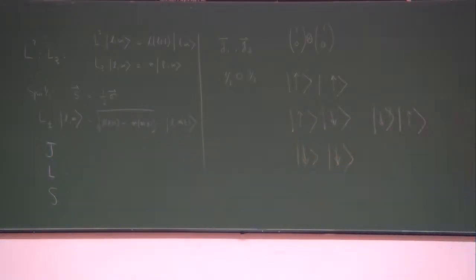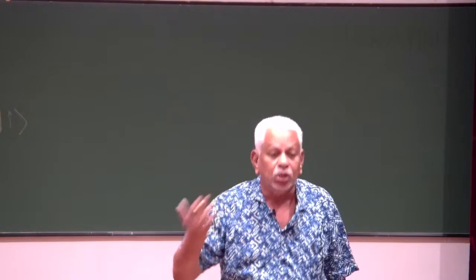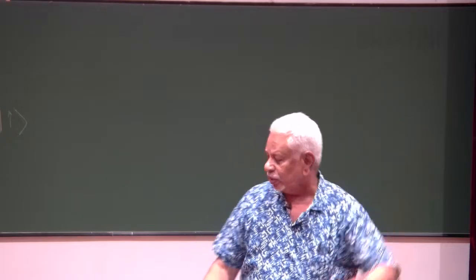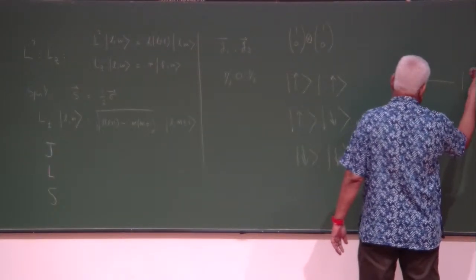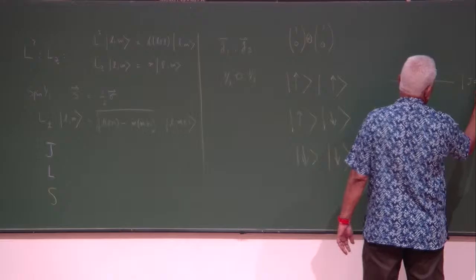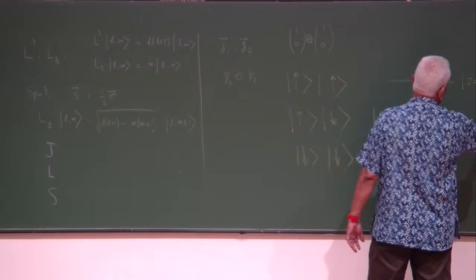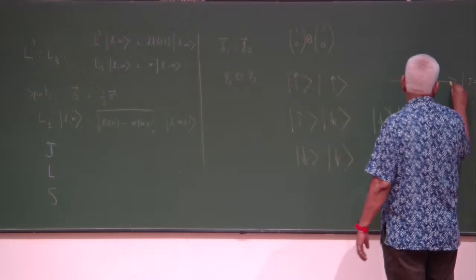But the spin 1 particle should have magnetic quantum number 0 also, right? 2 spin ups. So these two things are fine. This is, I will call it, total J is equal to 1 and Jz is equal to 1. That corresponds to that.